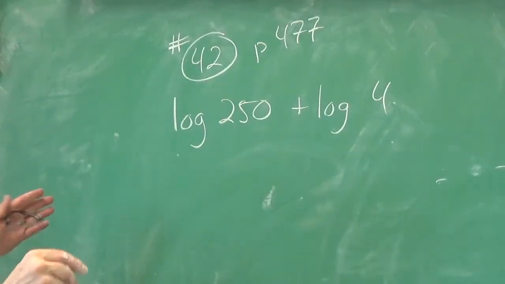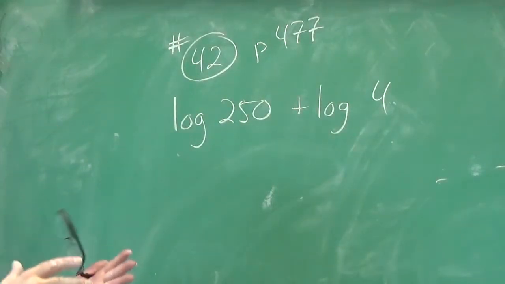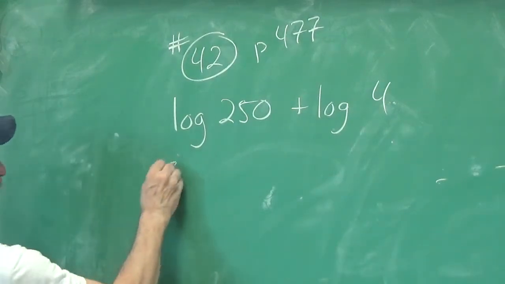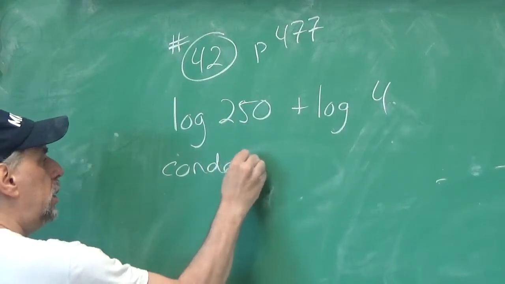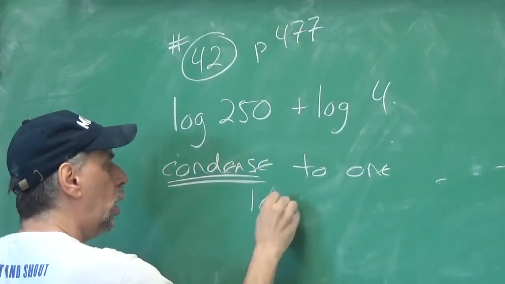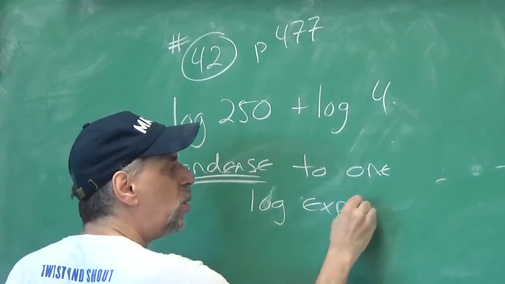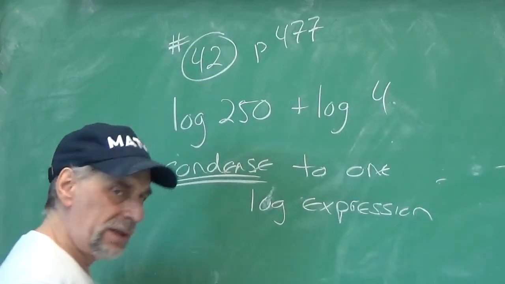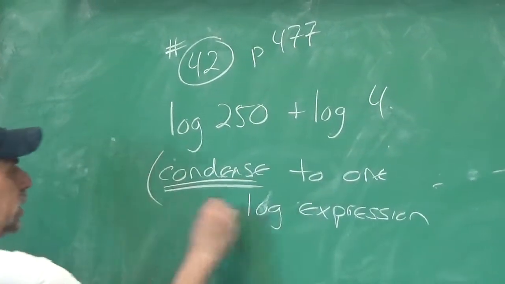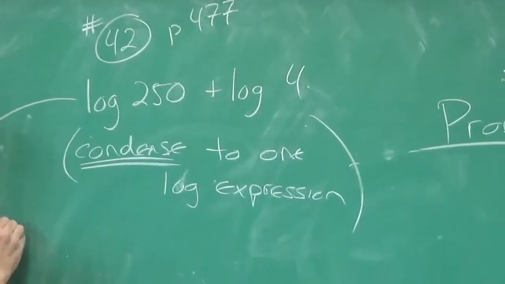So when we condense, we're not done until we just have one log expression. Here we have two. So we want to condense this to one log expression. And then sometimes it's going to be one of those special cases. Sometimes it'll just end up being a number. As I look at this, I think that's probably going to be the case here. But let's look at it.